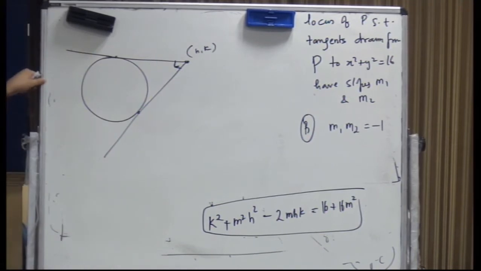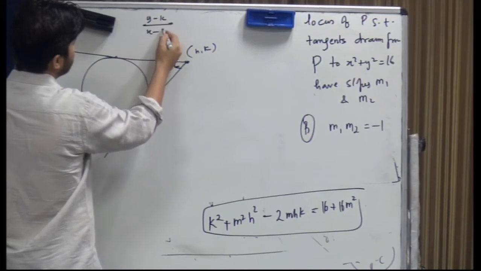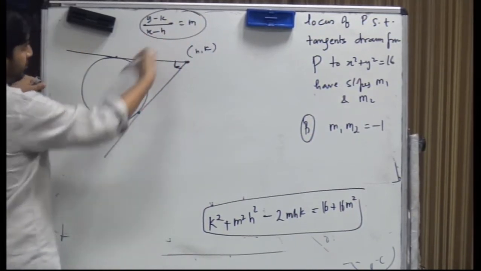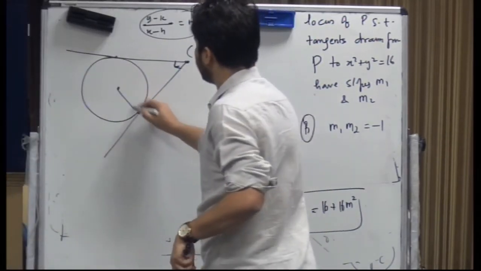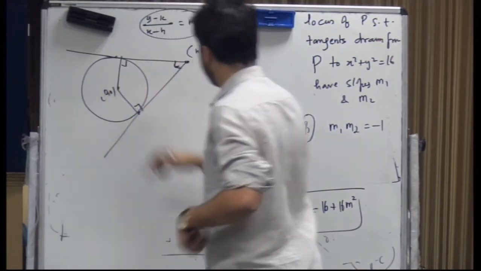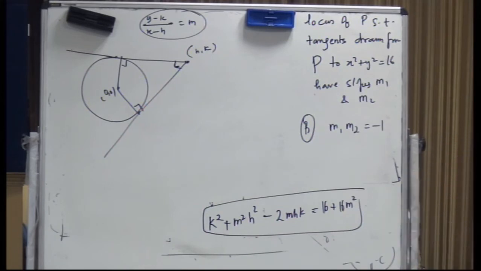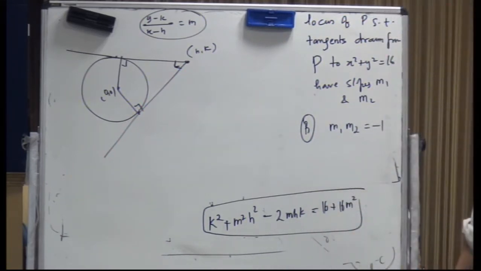H comma k, and the equation is going to be y minus k upon x minus h is equal to m, right? And then you are going to find the distance the way we were doing in the last question. So we arrive at this quadratic, right or wrong? Right? Now tell me, m1 into m2 equal to minus 1, what does it mean?